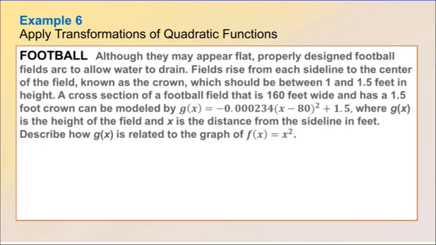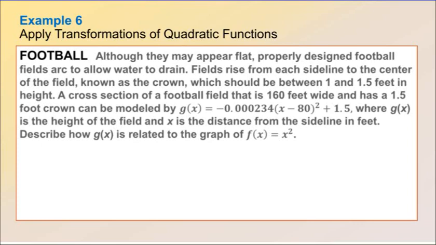And example 6: although they may appear flat, properly designed football fields arc to allow water to drain. Fields rise from each side to the center of the field, known as the crown, which should be between 1 and 1.5 feet in height.